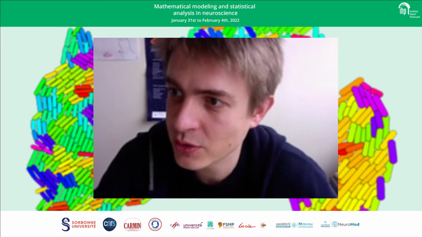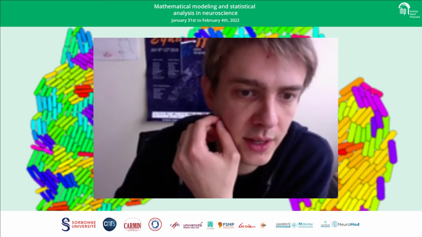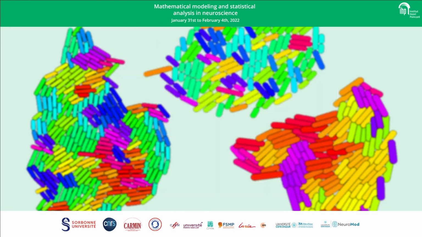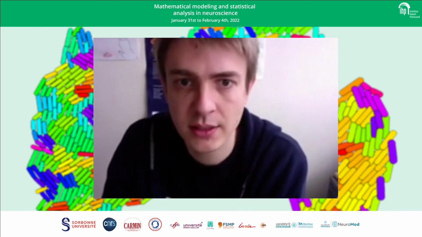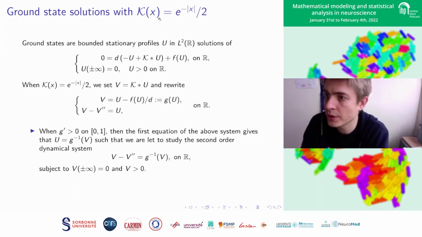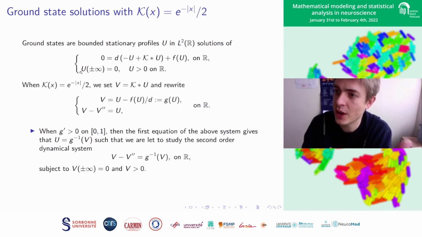So yes, you can transform. Maybe I had a slide about it, but I was just not on time. This is for the non-local Nagumo's equation, but reuse it if you want. With this exponential kernel, you can recast it as a higher order dynamical system.